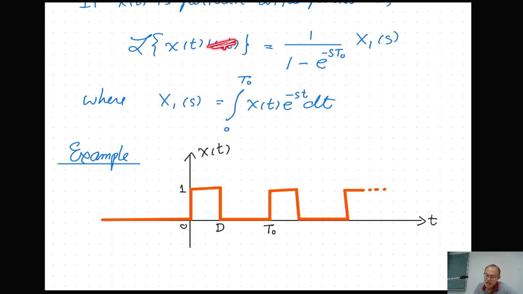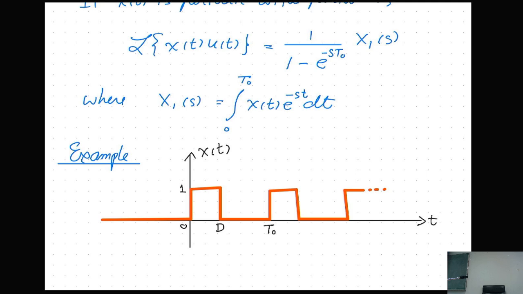Now the next thing is to find this integration. It integrates from 0 to t0, right? So what it means is that we're just trying to find the Laplace transform of the signal x in one period only.